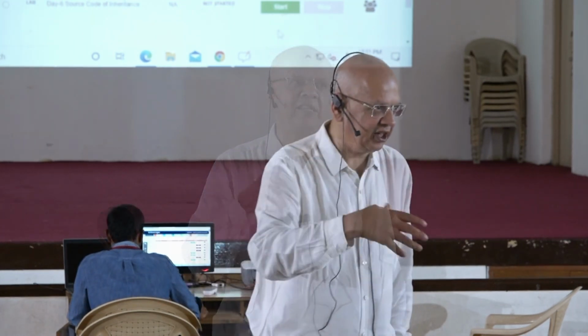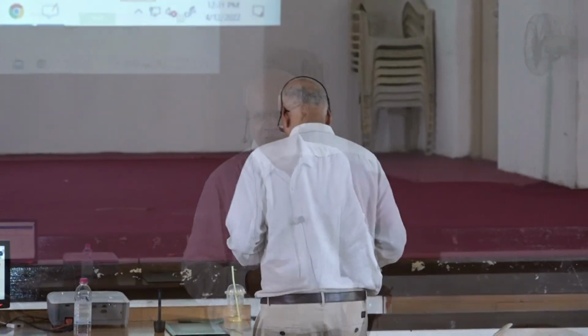I am repeating again, it will be available at home also. Day 6 Program 3 Source Code. Understood? Please go through it carefully. Then we can do more, because you have to sooner or later get into this team. Okay, we'll stop here.